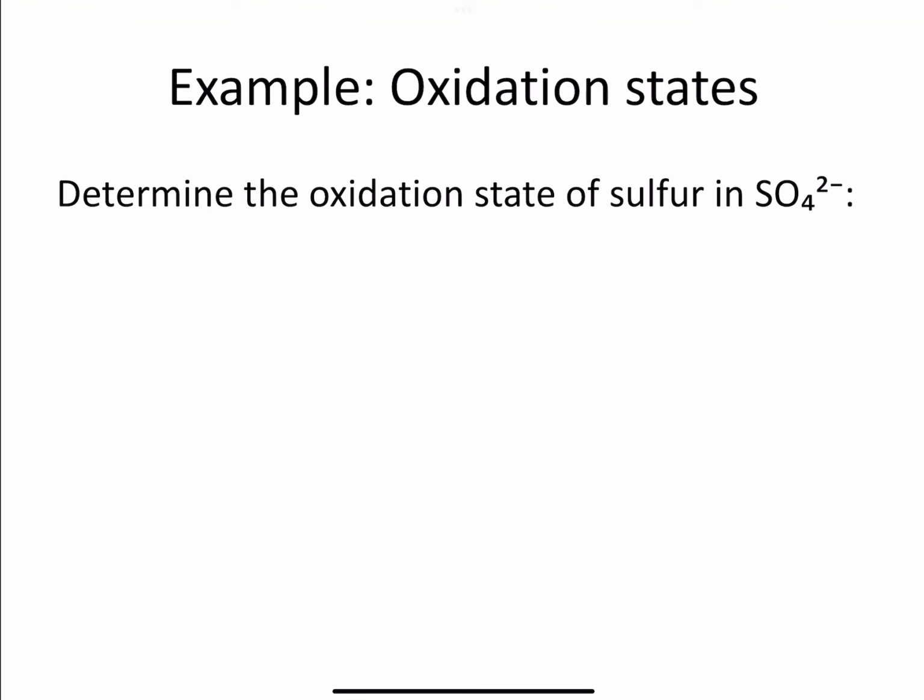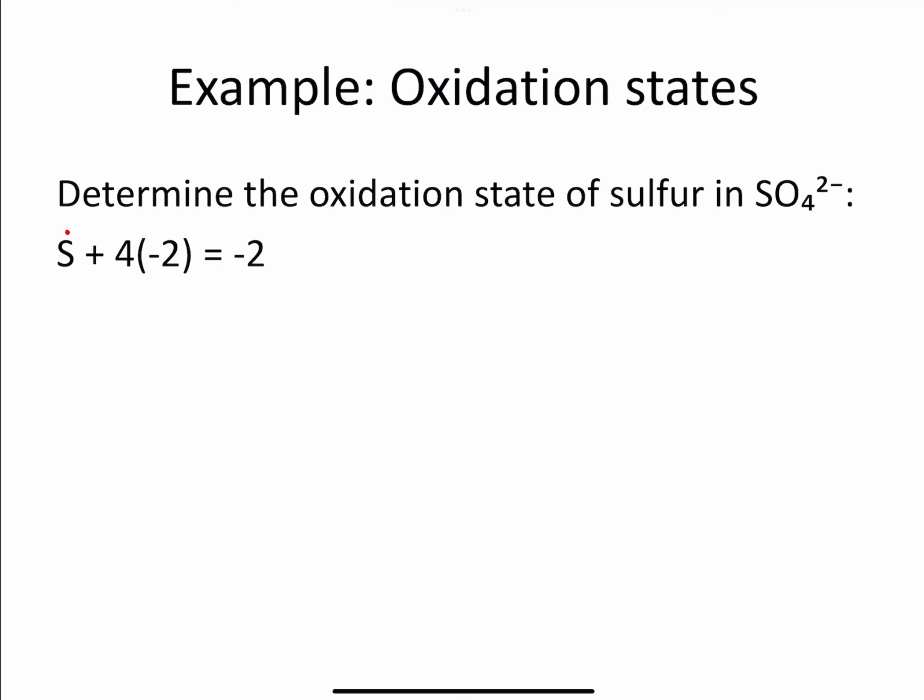So how can we determine the oxidation state of any element in a compound, especially if it's a compound ion like sulfate? Can you determine the oxidation state of sulfur in the sulfate ion? By the rules we just stated, the sum of the oxidation states of all of the elements will equal the charge.